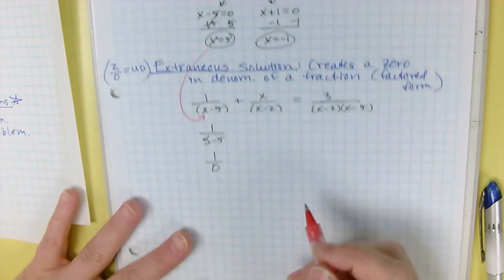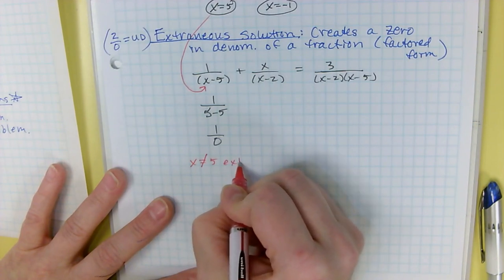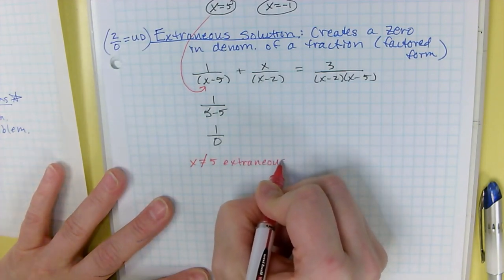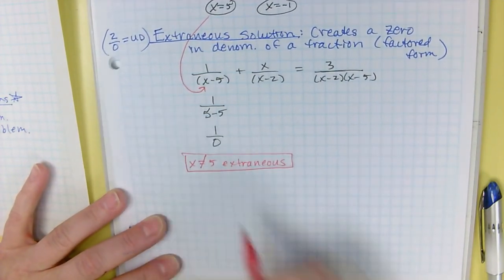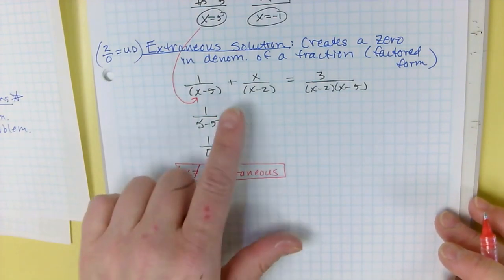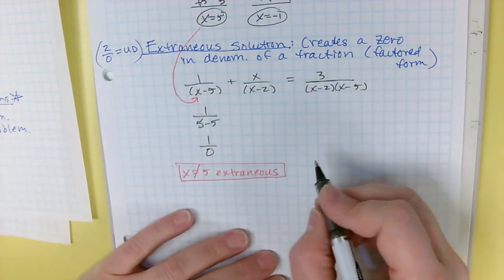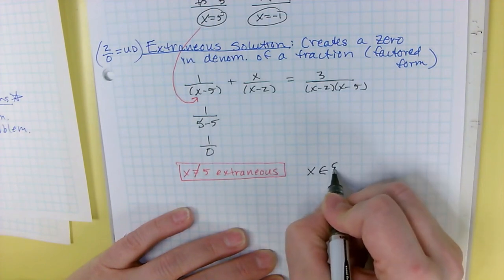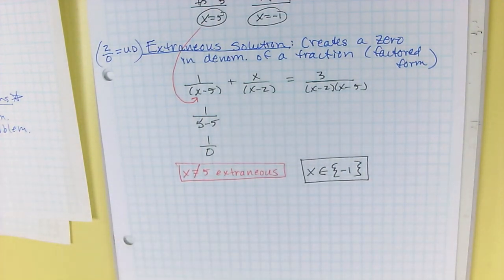So that means x equals 5 is extraneous, and you need to list it as extraneous. Now, my other answer, negative 1, won't create a 0 at any place, so that's still a solution. So this only had one solution. It was negative 1 and not 5.